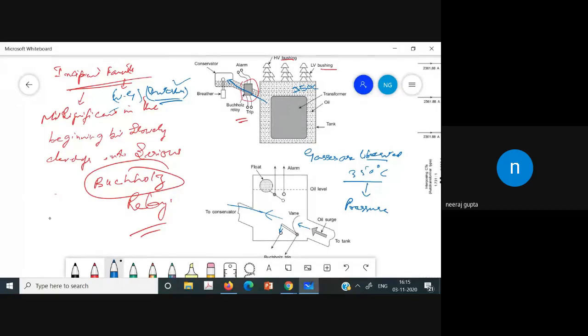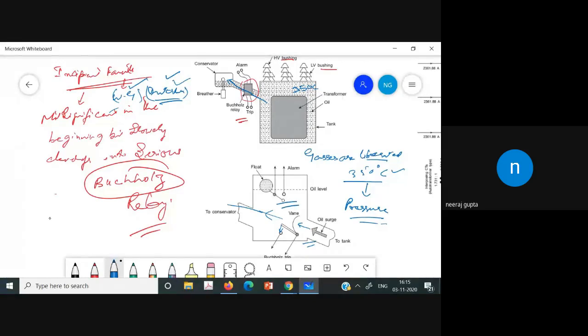So when the oil pressure is very high, after 350 degrees Celsius, which can be due to the winding to core fault or the interturn fault, the oil moves the vane, and as a result it will trip the contact of this relay. The output of this relay may be used to trip the transformer.